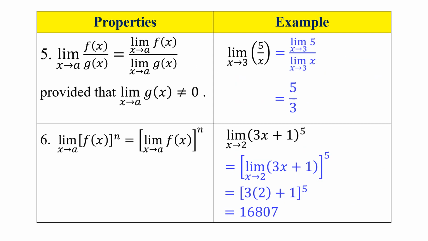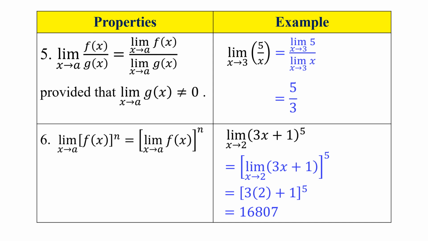The next property is the limit as x approaches a of f(x) over g(x) can be changed into the limit as x approaches a of f(x) over the limit as x approaches a of g(x), and note that the limit as x approaches a of g(x) cannot equal 0.